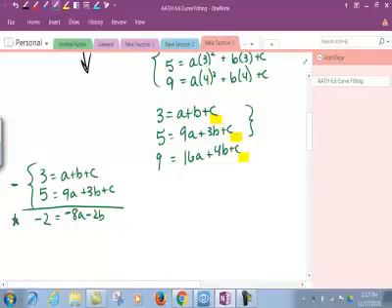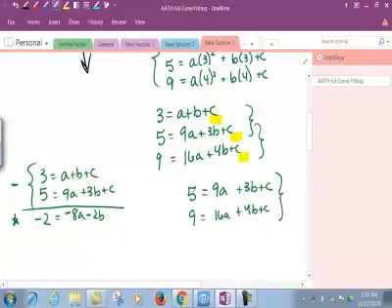Okay, so I'm going to hold on to that and go back and put the second and third equations together by subtracting them. 5 equals 9a plus 3b plus c, and 9 equals 16a plus 4b plus c. So again, I'm going to subtract, and this time I get negative 4 equals negative 7a minus b.